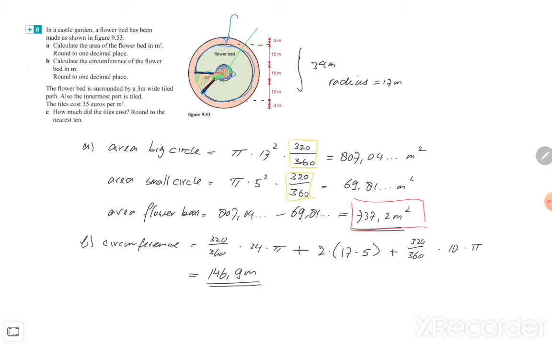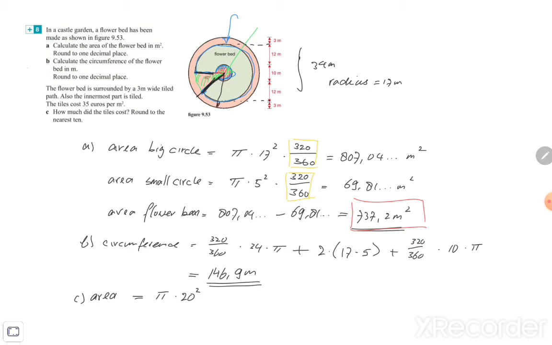So in exercise C, the area of everything without the flower bed is pi times 20 squared, because the radius from the center to one side, for example there or there, doesn't matter where, is 20 meters.